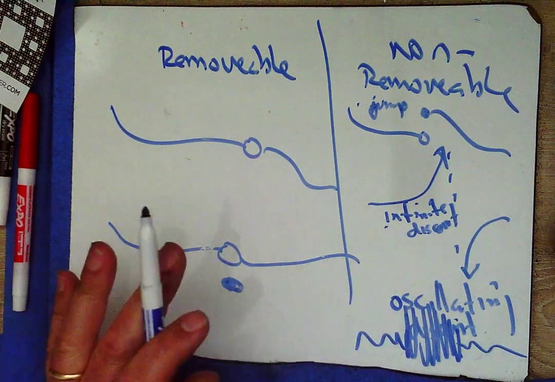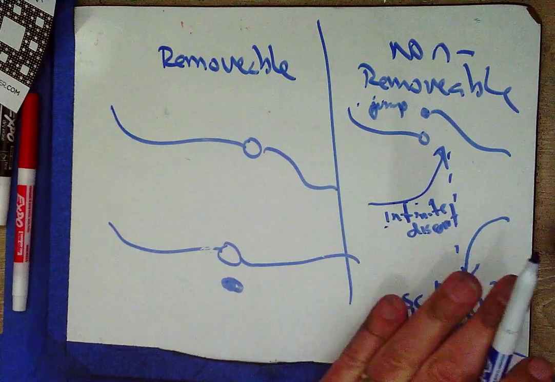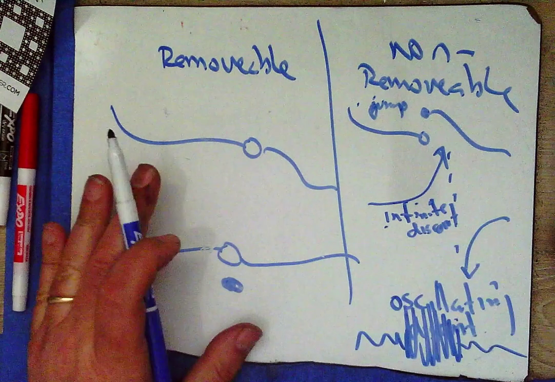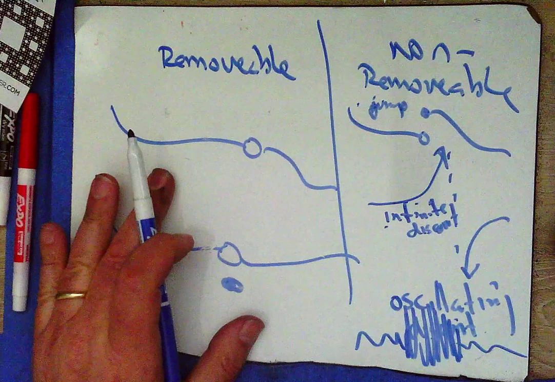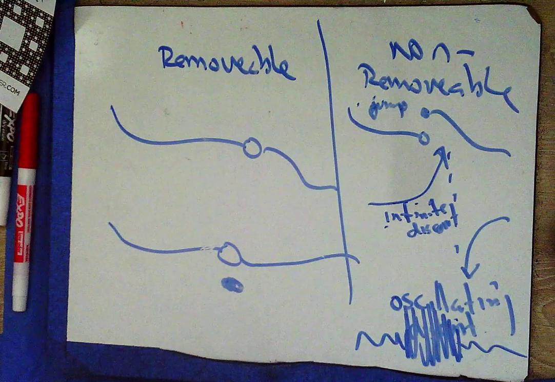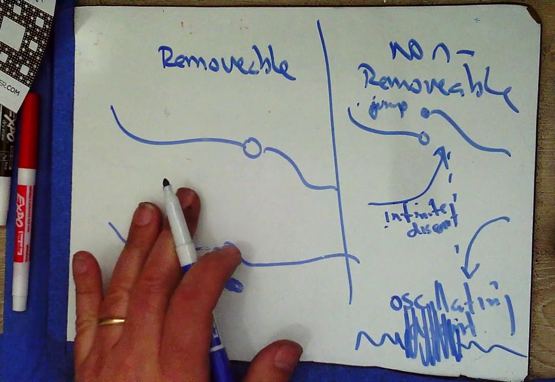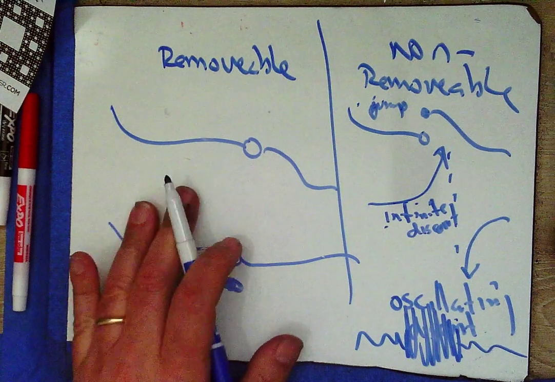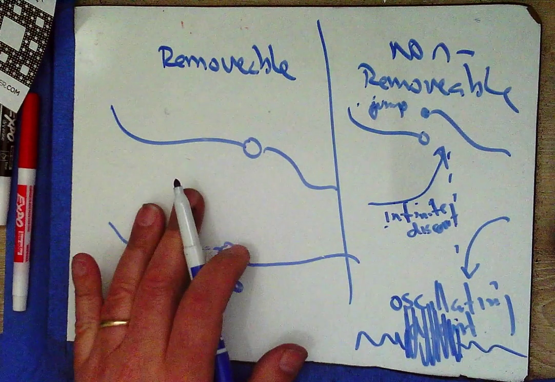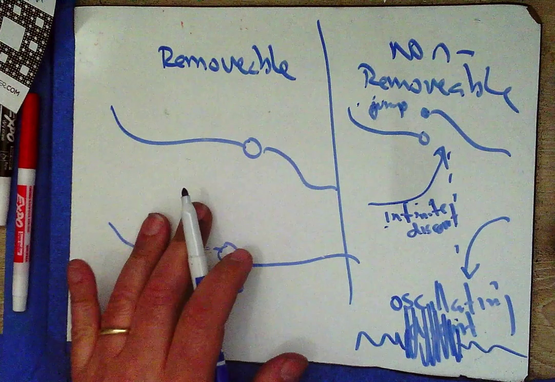But I do want to say that while these are non-removable, there do exist some things called removable discontinuities. And the distinction between the two categories is how many points would I have to change to make the function be continuous?